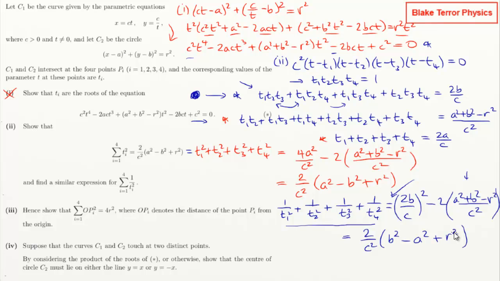which makes me think there was probably a different way of going about that. Maybe there was. Yeah, I suppose we could have gone through and said, well, t is not equal to 0, so I'll divide all of this by t to the power 4, turn it into a quartic in 1 over t, and then what would that do?